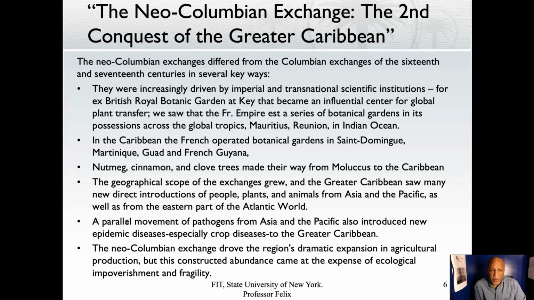For example, the British had their Royal Botanical Garden at Kew in England. The French had their botanical gardens in places like Mauritius and Reunion in the Indian Ocean, and in the Caribbean as well, in Guadeloupe, Martinique, and French Guiana. They used those places as laboratories for experimenting in crops.